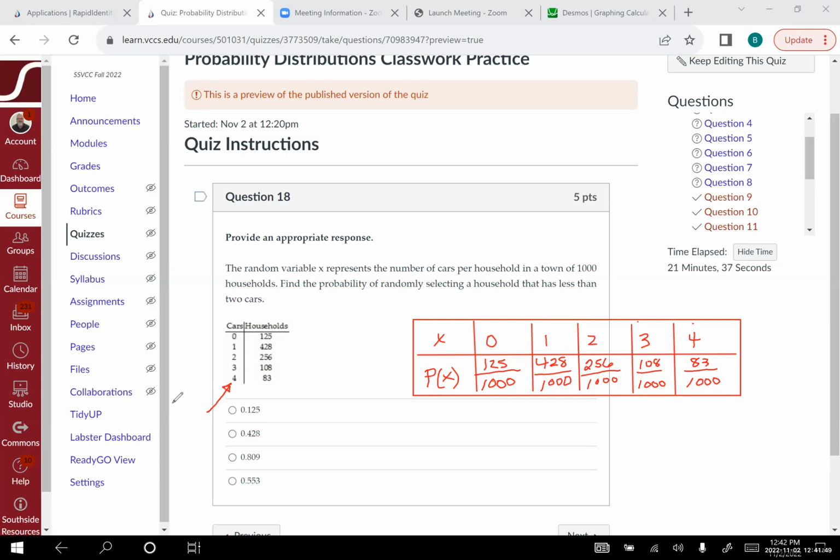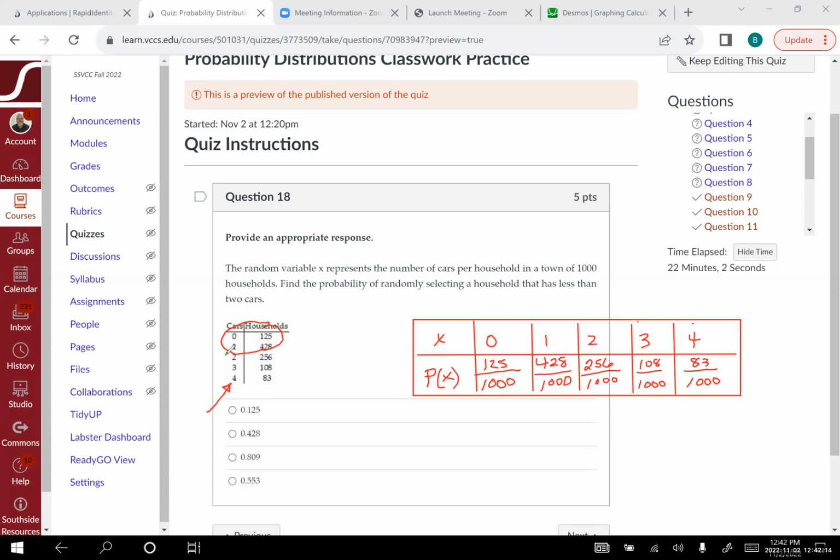Now, when we say less than 2 in math, does that include 2? No. Yeah, 2 is not less than 2, is it? No, it would just be the 0 and the 1. Right. So now we actually have 2 things we have to consider. So what's the probability that a household has either 0 cars or 1 car? Because 0 and 1 are less than 2.